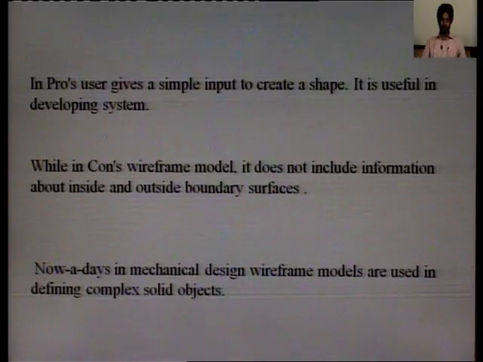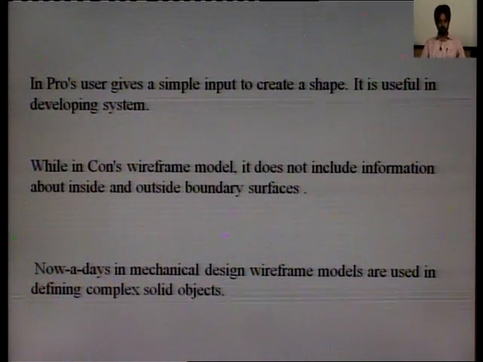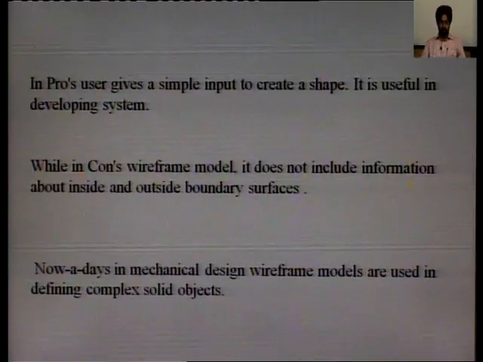The pro is the user gives simple input to create the shape. It is useful in developing the system, while the con is that the wireframe model does not include information about the inside and outside of the boundary.